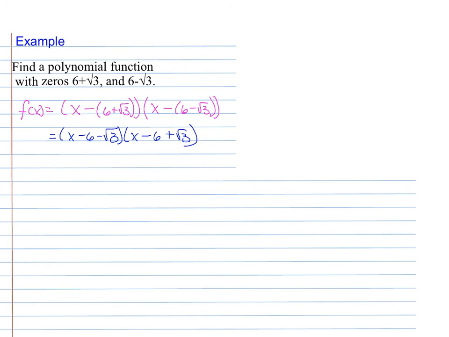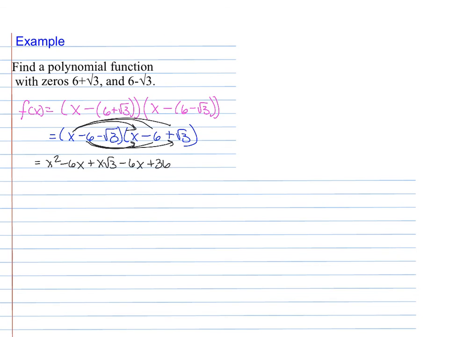And then we're just going to do what we did before. We're going to distribute. So x times x is x squared. X times that is negative 6x. This one times that is going to be plus x square root of 3. This one times that one is negative 6x. Negative times negative is positive 36.